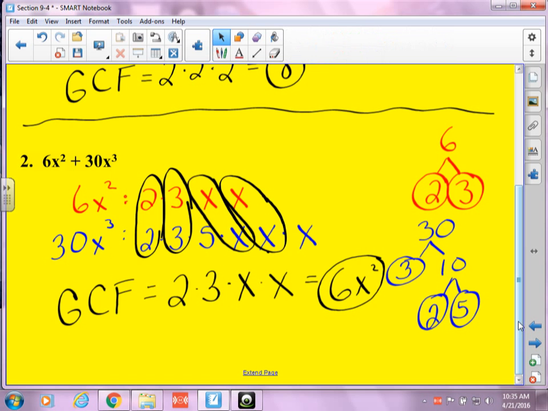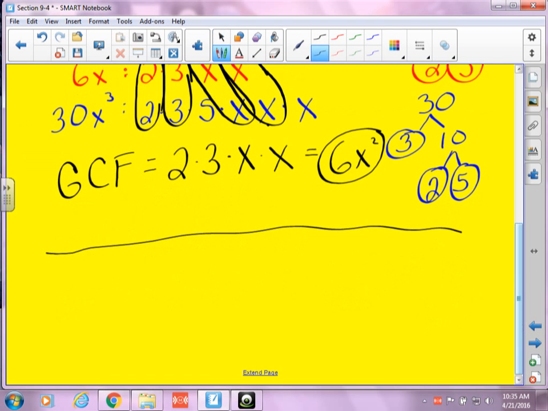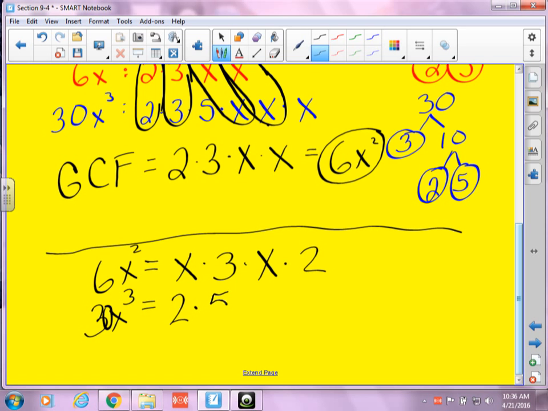Okay, so the question was this. Notice my x's are kind of diagonal. Okay? Well, it had everything to do with my lining up. So for example, if I didn't put it in order, and I did x times 3 times x times 2, and my 30x cubed I put down as 2 times 5 times x times x times 3 times x.